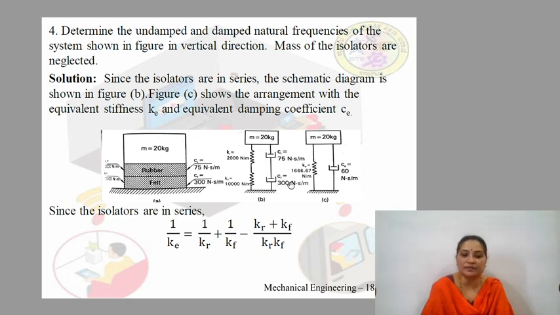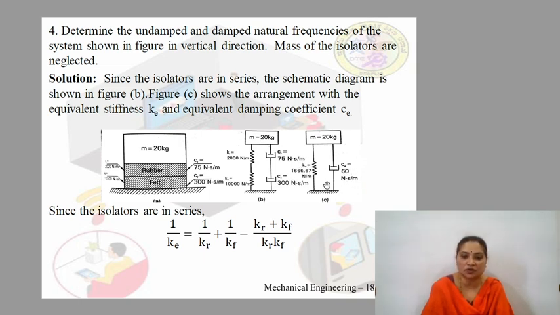Now figure B can be further simplified since they are in series. Since the springs are in series and the dampers are in series, their equivalent spring stiffness and equivalent damping coefficient can be obtained as Ke and Ce.